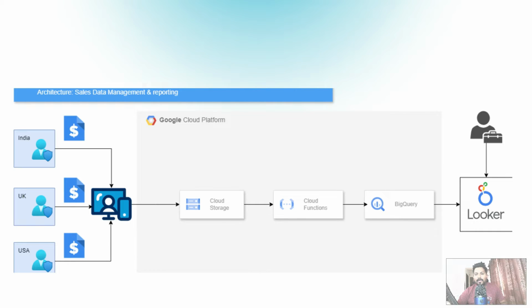We will have one master table which will collect the data from all the files. The master table will have data for all the locations, so it will have data related to India, UK, and USA, and then we'll visualize the data in Looker Studio.